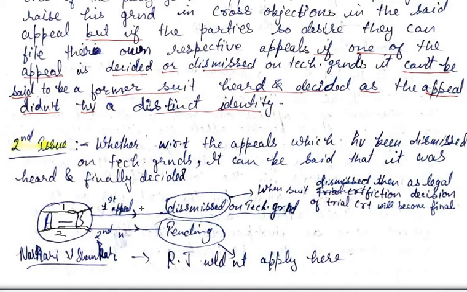So the dismissal of the appeal ultimately results into a decree becoming final which was actually heard and finally decided. तो अब जो फाइनल है दैट इज हर्ड एंड फाइनल डिसाइडेड, और अपील को फॉर्मर सूट तो मान ही चुके हैं. अब जो सेकंड पेंडिंग अपील है, उसमें हर्ड एंड फाइनल डिसाइडेड वाला जो ट्रायल कोर्ट का डिक्री है, दैट विल बार एज रेस जुडिकाटा. अब इसको आप पहले लिख लो थोड़ा सा.